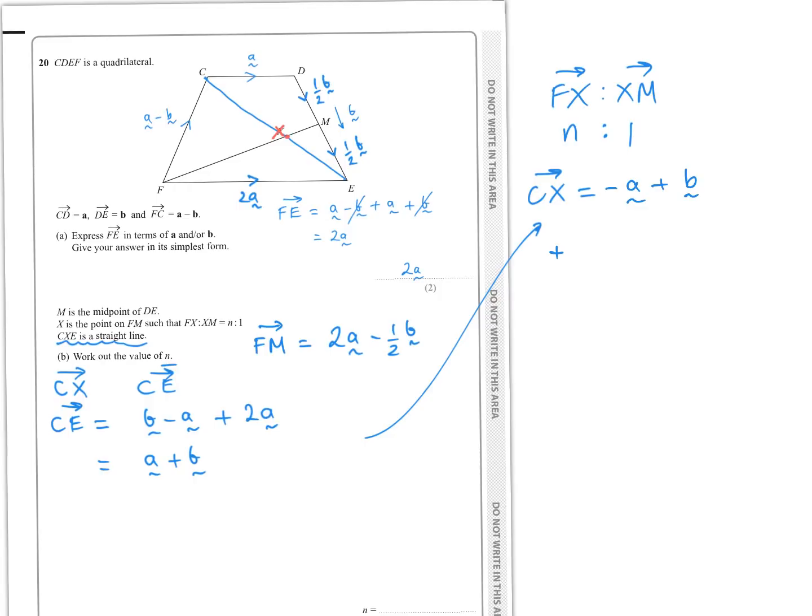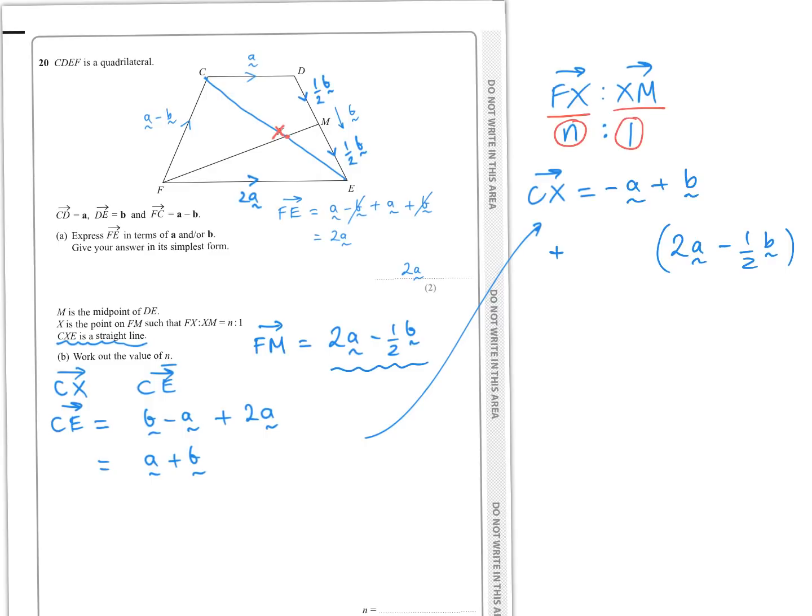plus some multiple of 2a minus a half b here. And can you see what that multiple has to be? This is really important. We're told that the ratio of fx to xm is n to 1.